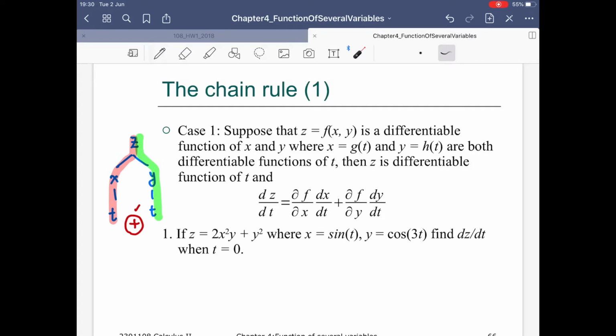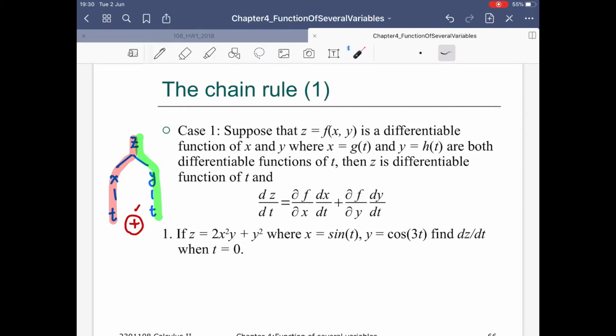Since it is a single variable, you just use a straight d, so it is dx/dt. If you look at it as a fraction, these two cancel, so for the first contribution you get what you need on the left hand side.